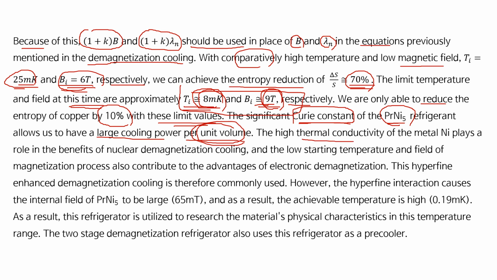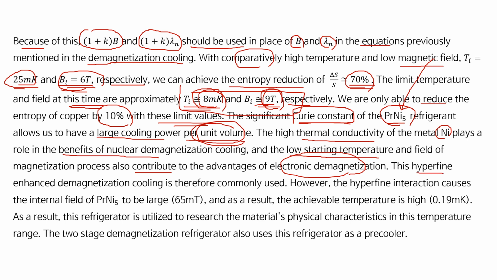The high thermal conductivity of the metal nickel plays a role in the benefits of the nuclear demagnetization cooling, and the low starting temperature and field of the demagnetization process also contribute to the advantage of the electronic demagnetization. So PrNi5 is an adequate refrigerant for the demagnetization cooling.